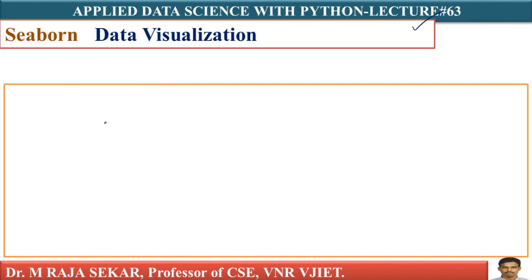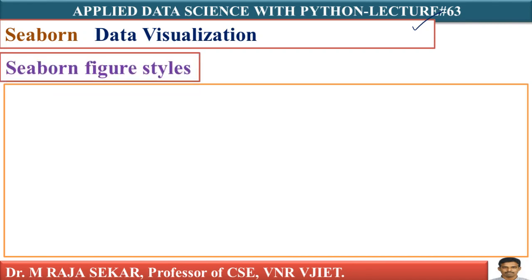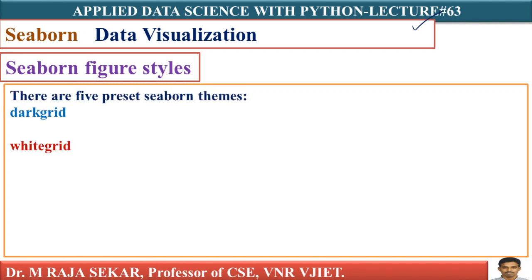There are 5 preset Seaborn themes: dark grid, white grid, dark, white, and ticks. They are each suited to different applications and personal preferences. The default theme, if you are not specifying any theme, will be treated as dark grid.